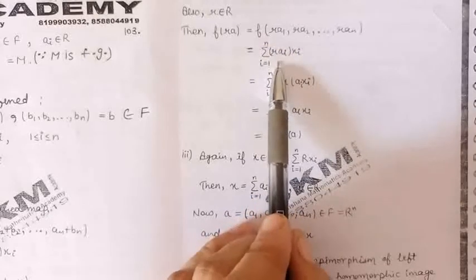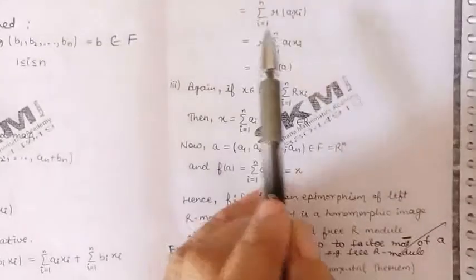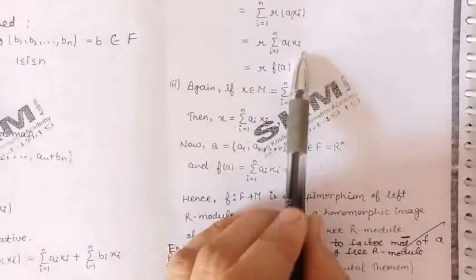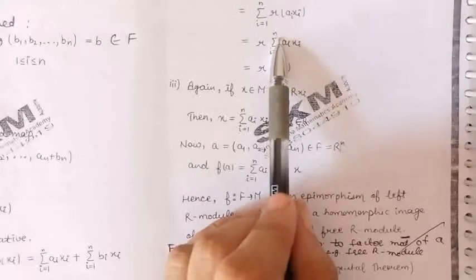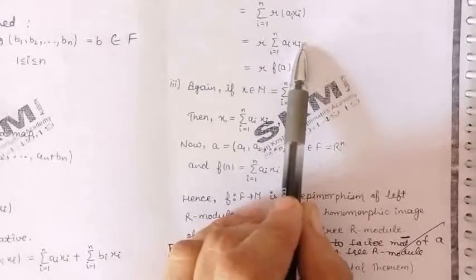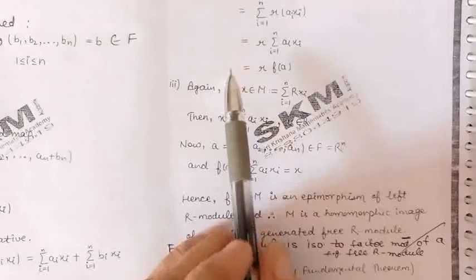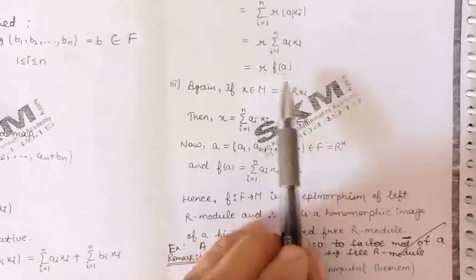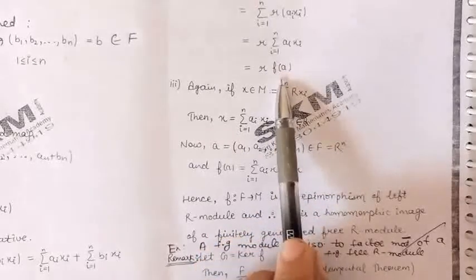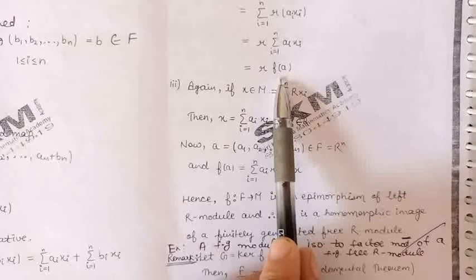And this can further be written by taking the element r out of the summation, as r into summation ai xi, where i varies from 1 to n. And by definition, this is the image of a under f. So we have proved the image of ra under f is equal to r into the image of a under f. So this proves that the mapping f is a homomorphism of R modules.